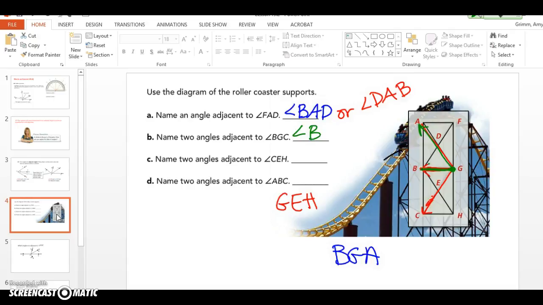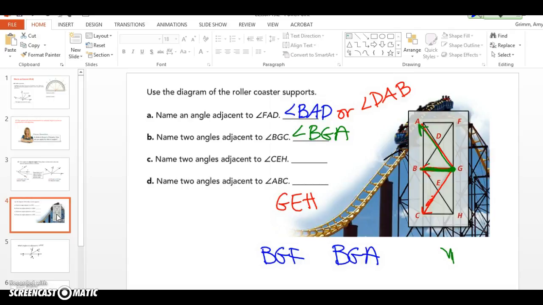And it wants us to do two this time. What's another one? BGF. So B to G. Why am I not writing?